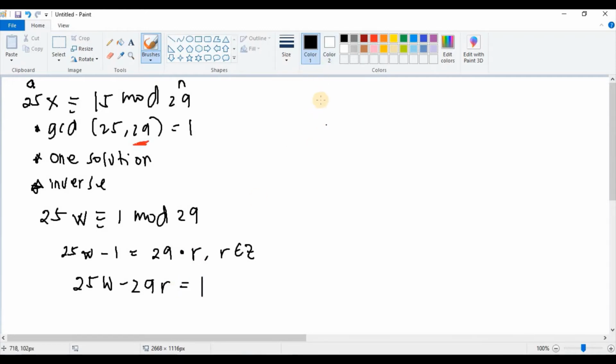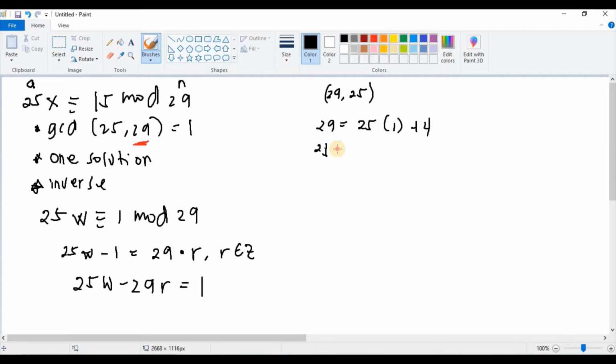Alright, then let's apply the division algorithm, the Euclidean algorithm. We have 29 and 25, those are your A and B. So 29 is equal to 25 times 1 plus 4.